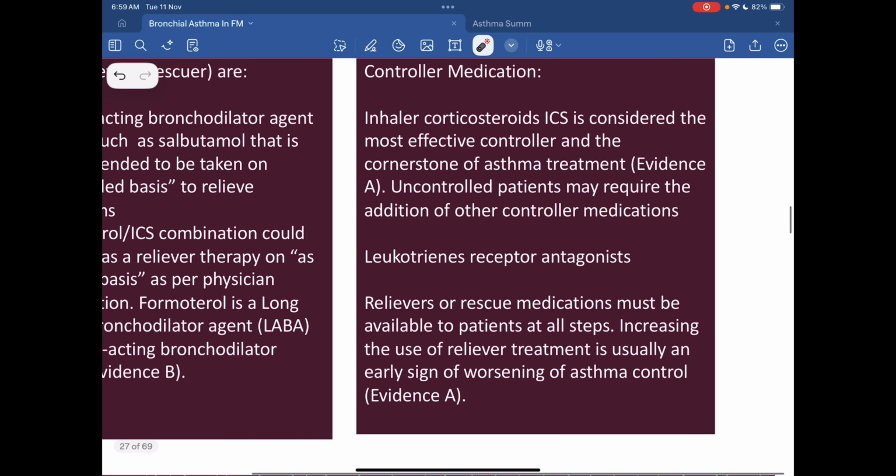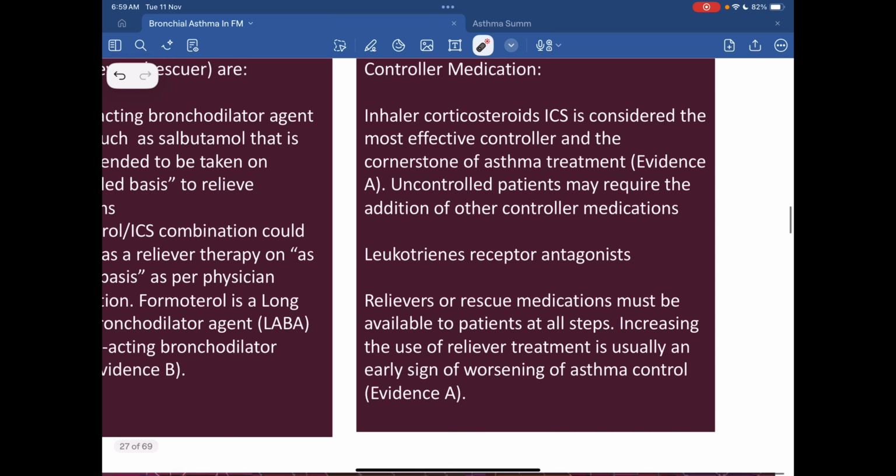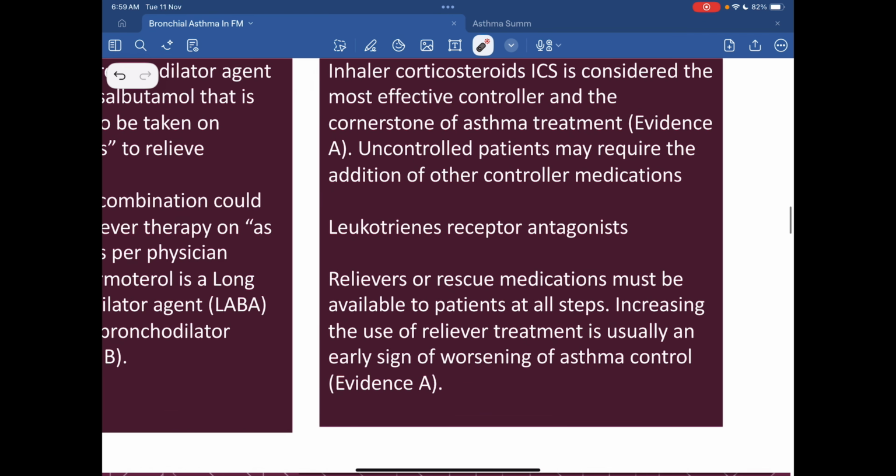If the patient is uncontrolled, we may need to add another controller medication. عند الشيء اللي هو leukotriene receptor antagonists اللي هي ال LTRA. زي إيش؟ لو تتذكرون في سنة ثالثة زافرلوكاست ومونتيلوكاست، هذا اللي قلنا نستخدمها for pediatrics أو specific يعني in children.